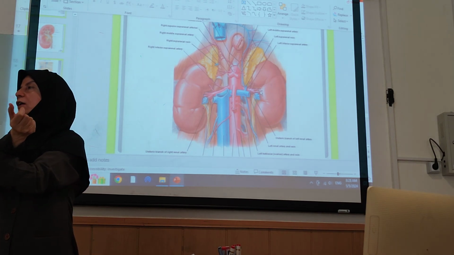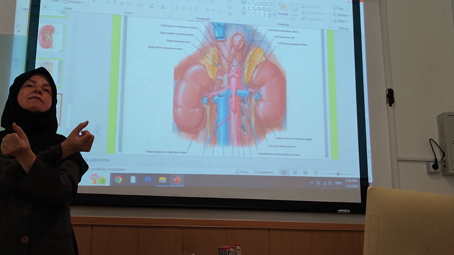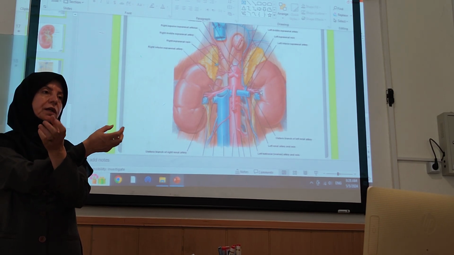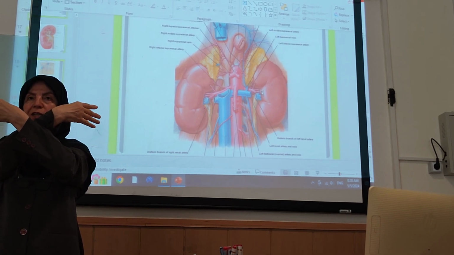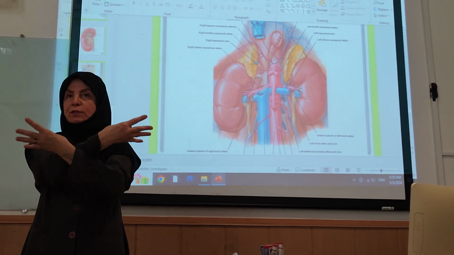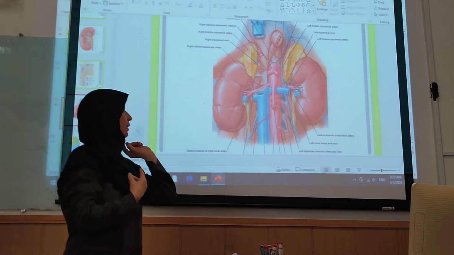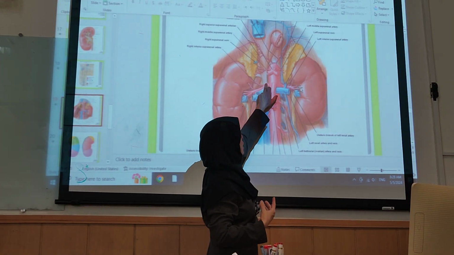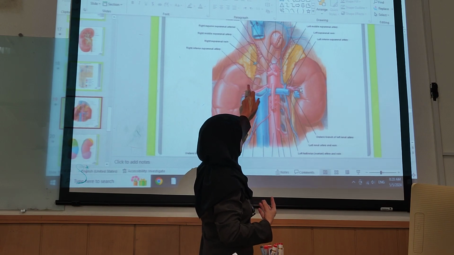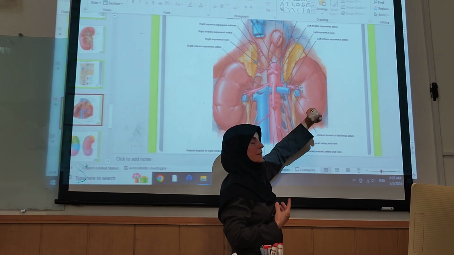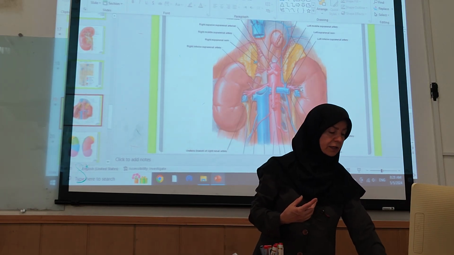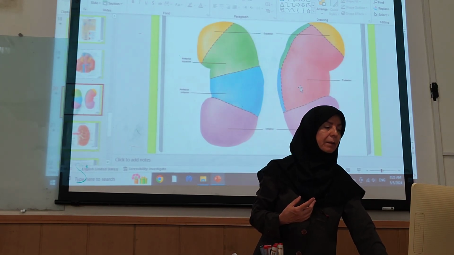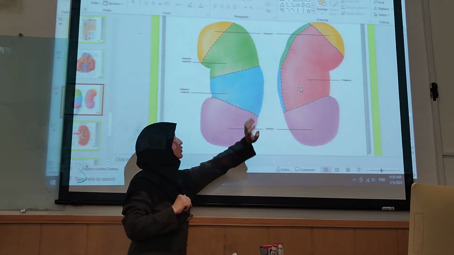These 5 fingers are going to remind you of the 5 segments of the artery inside of each kidney. 4 of them are in the anterior position, and 1 of them is in the posterior position. Now here, each renal artery goes toward the hilum of the kidney, goes inside of the kidney, and in each kidney, we can remember 5 segments.